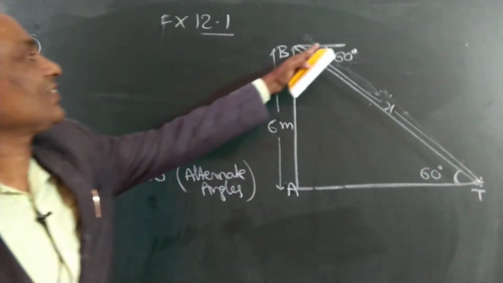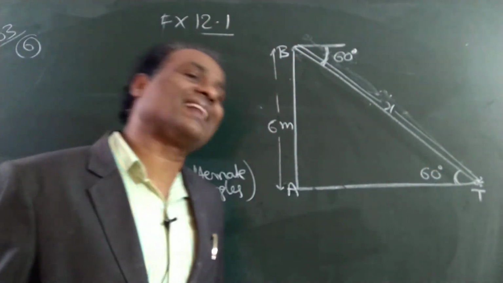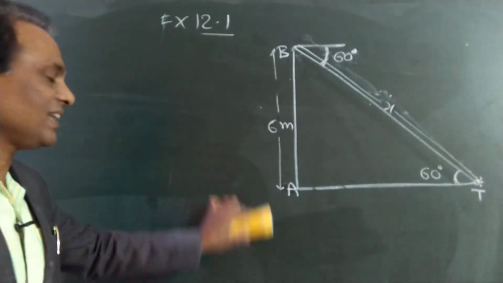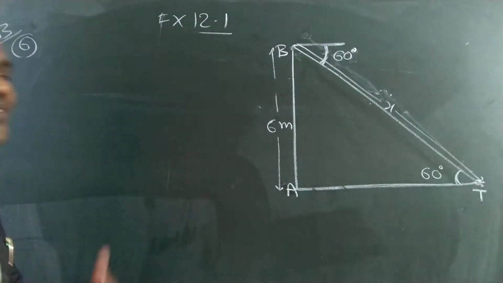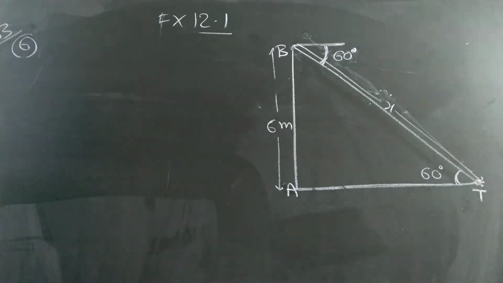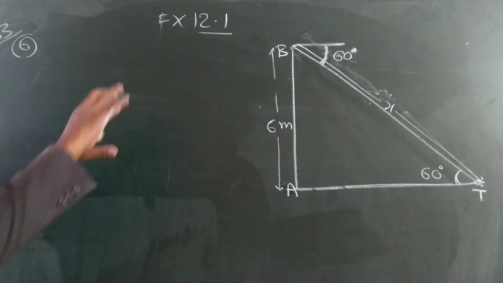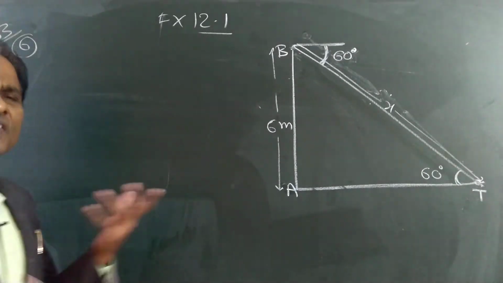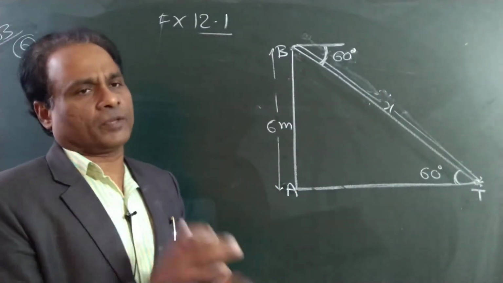Then if this is 60, this will be 60 because they are alternate angles. Now the problem solution starts. Till now I gave an introduction and explained everything, because for an essay question we have to write some more steps.